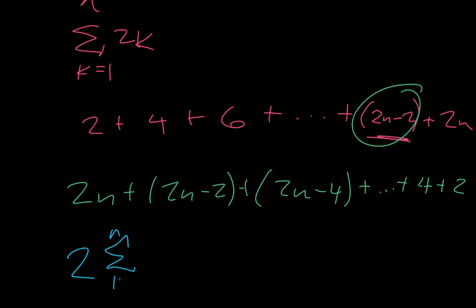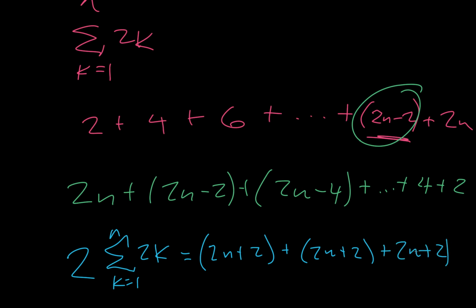N k equals 1, 2k. So we had 2 of those because we added the 2 vertical things. And then if we add these ones, we get 2n plus 2. If we add these ones, we get 2n plus 2. If we add these ones, we get 2n plus 2.